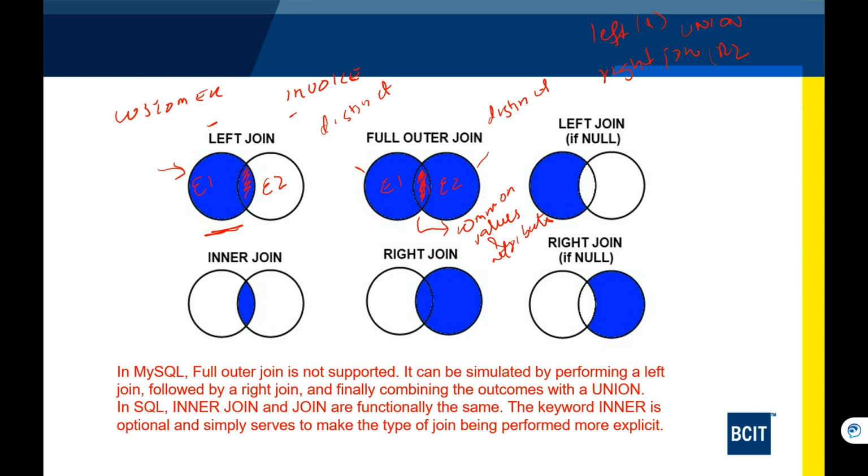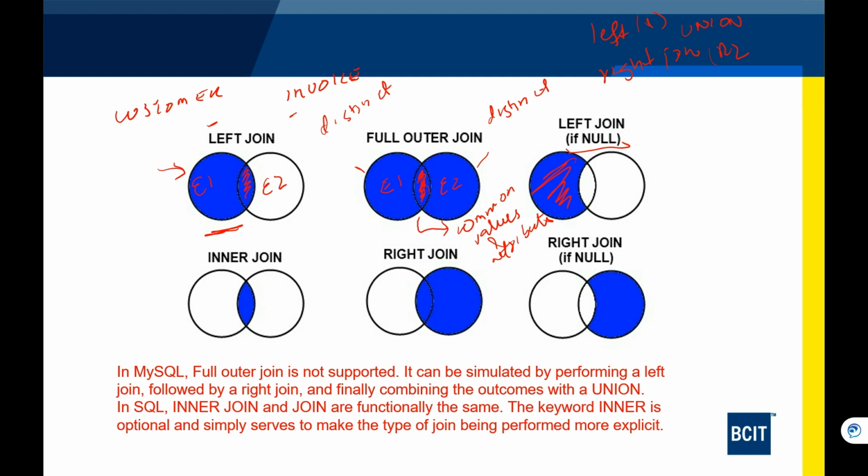If a customer has no match in entity two, it will not be displayed. In case we do not want the common information, only the distinct information from the leftmost entity, we use a left join with a null check. Which means we have only distinct attributes and values.